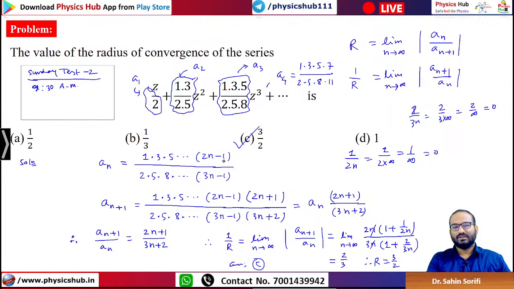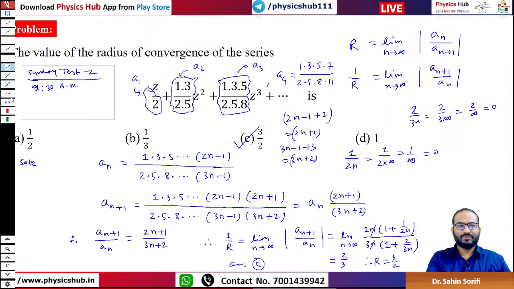So an is 2n minus 1. So for n plus 1, the next term, in the numerator 2 units will increase. So 2n minus 1 plus 2, so 2n plus 1. In the denominator 3n minus 1 plus 3, so 3n plus 2.